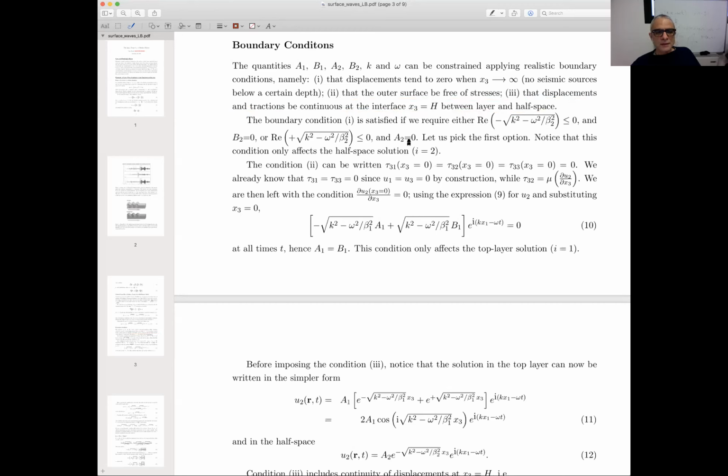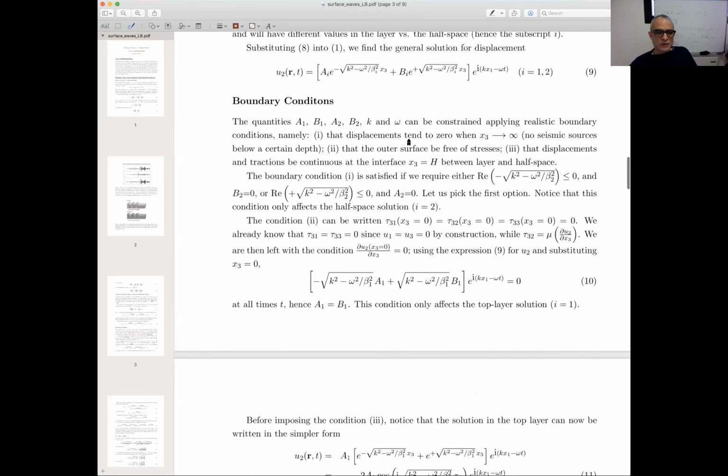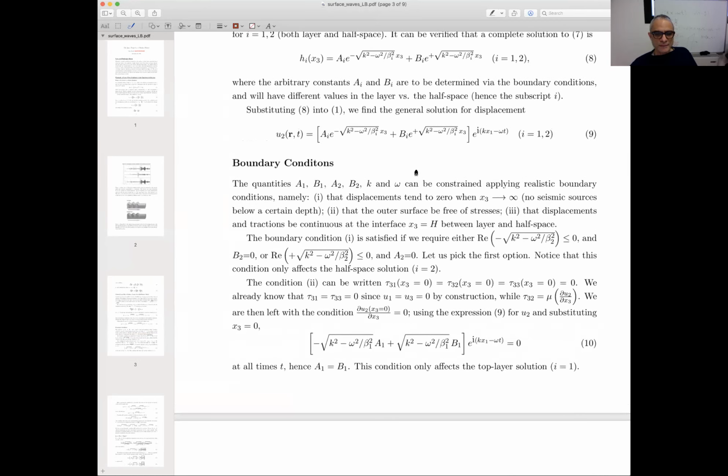All right. So the first boundary condition is satisfied if we require either that the real part of this guy is negative, or the real part of this guy is negative. I mean, it's the same thing, right? Only the sign changes.